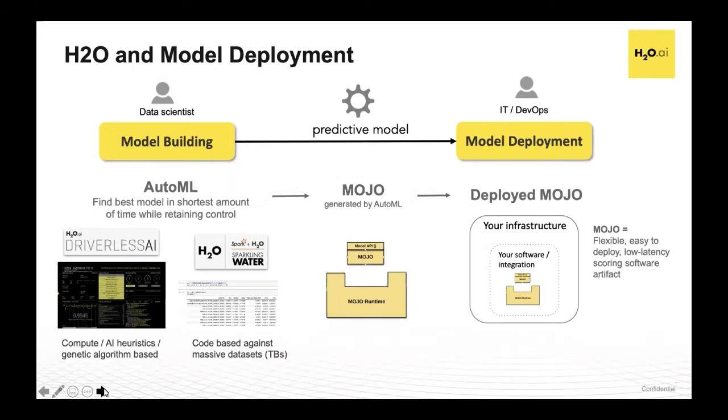Any of the H2O products, whether that's H2O Driverless AI, which is an auto ML product, or the open source products, produce what's called a Mojo. It's a model optimized Java object that you can deploy, and that comes along with a series of runtimes.